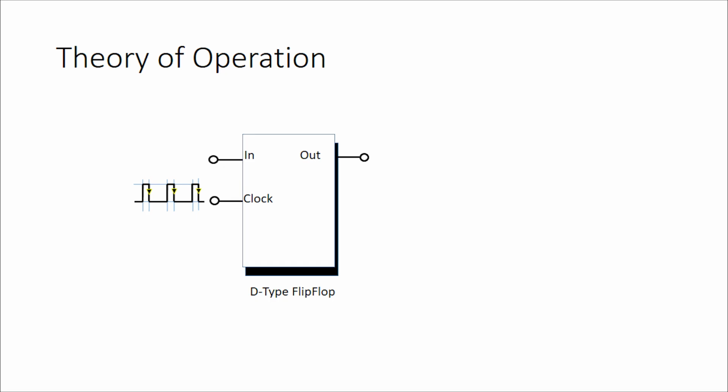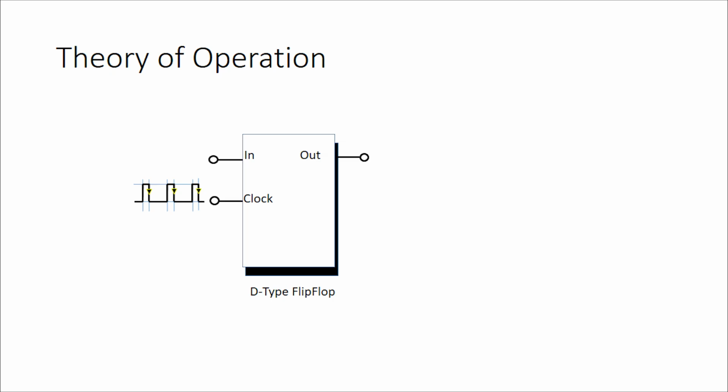When you start learning digital electronics, the first thing you learn is combinational logic, which is AND gates and OR gates and NAND gates and NOT gates and all that good stuff. And then the next thing you learn is sequential logic, which is where you take gates and you attach their outputs back to their inputs, and suddenly strange things happen. And this is one of the simplest gates that you can make in sequential logic.